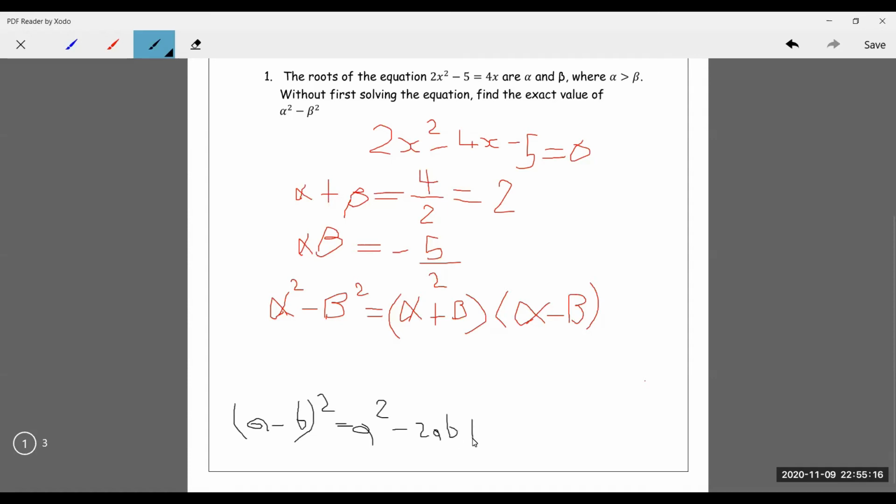So now that I have alpha squared and beta squared, if I take the square root of this, I get alpha minus beta.